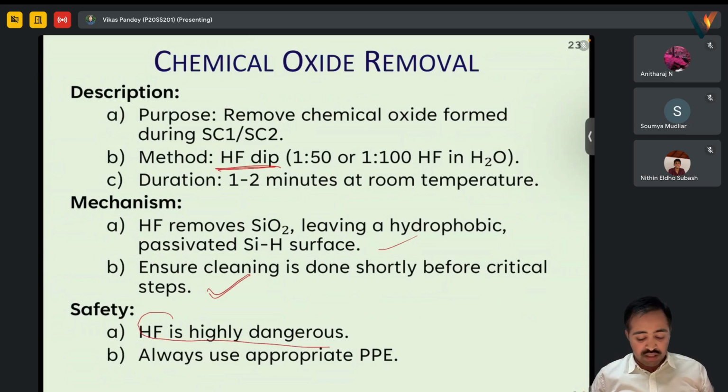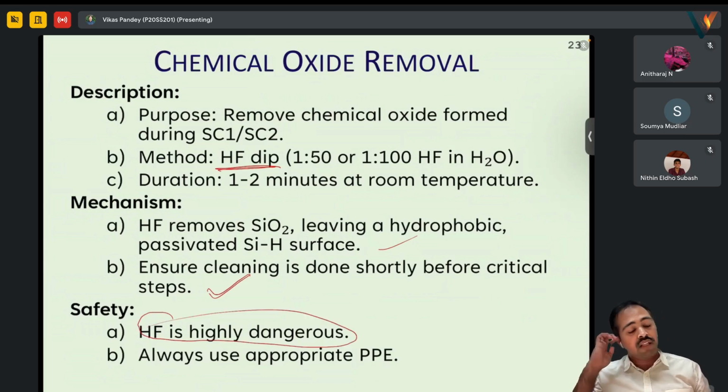But make sure, this is highly dangerous. It is so dangerous that it is said to go through the bones, and you will not even feel that it has corroded your bone. So be very cautious. Teflon gloves are used.